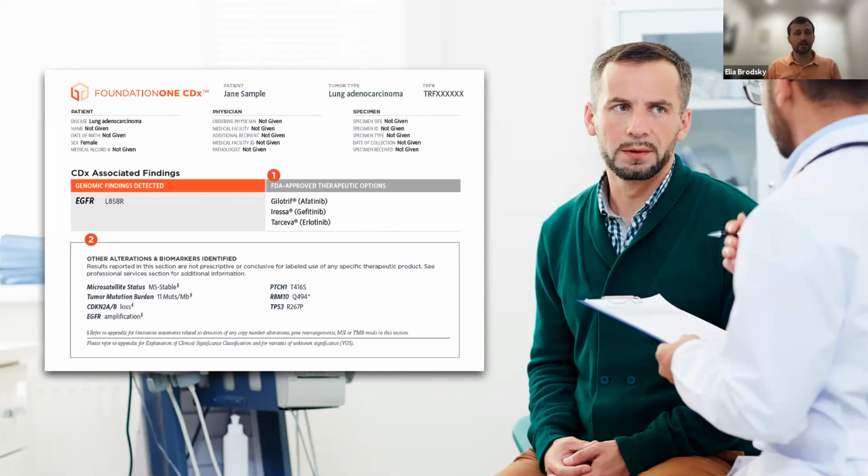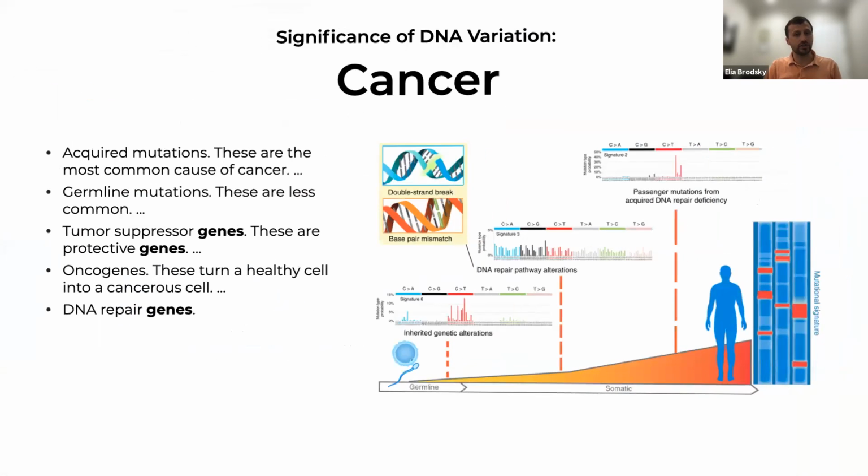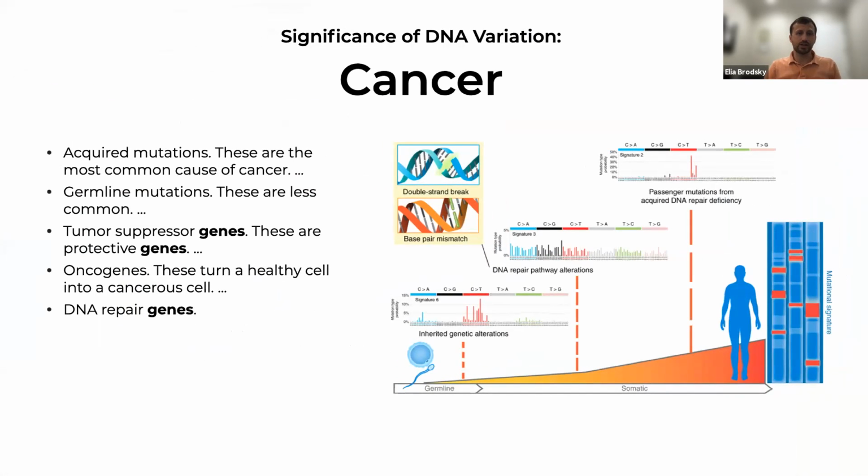And even today, there's active research on the impact of specific mutations, because if you consider how these mutations occur and how they actually lead to diseases, it's a complicated, coordinated effect of multiple factors.